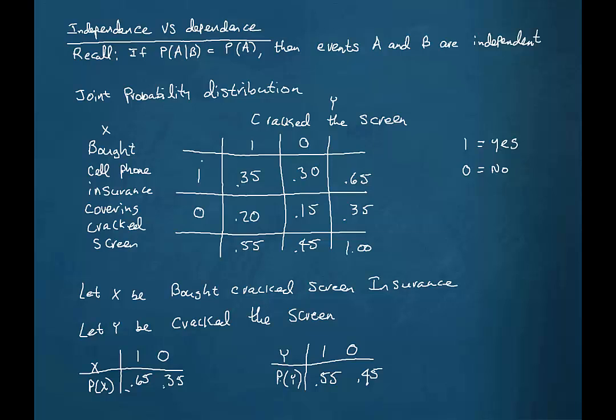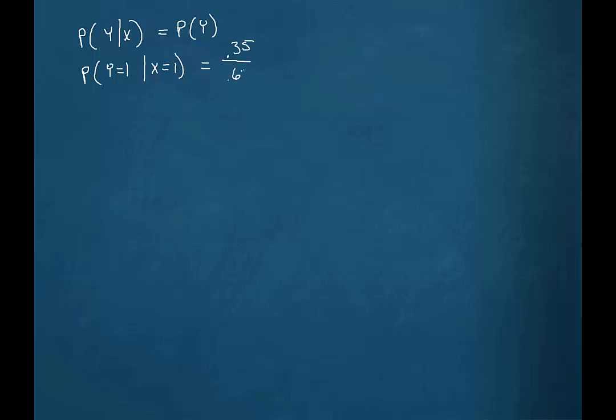So we are given that X is equal to 1, and that probability is 0.65. The probability that Y is equal to 1 then would be 0.35 divided by 0.65. We could reduce that to 7/13. Or if we wanted to round this to 3 decimal places using the calculator, we would find 0.538.